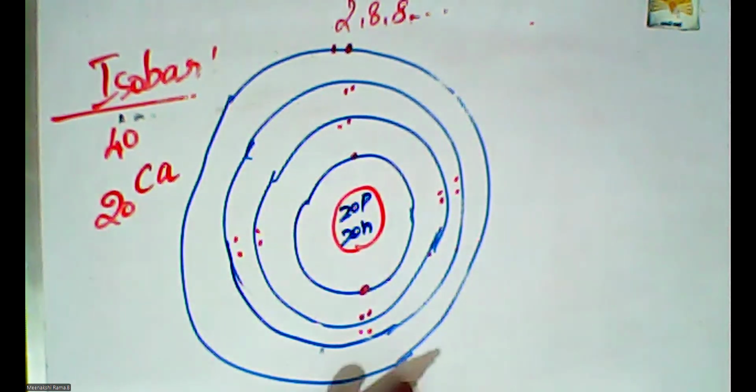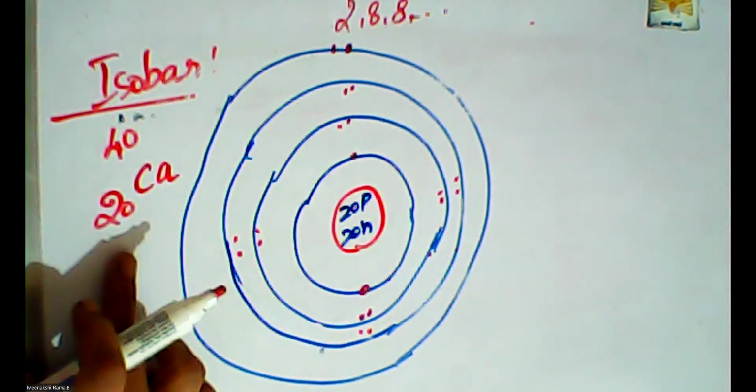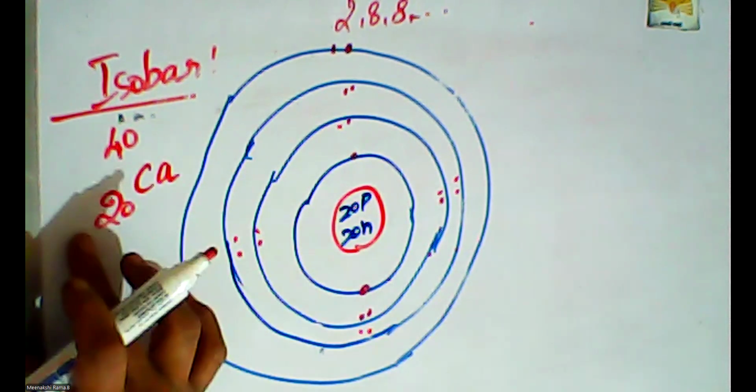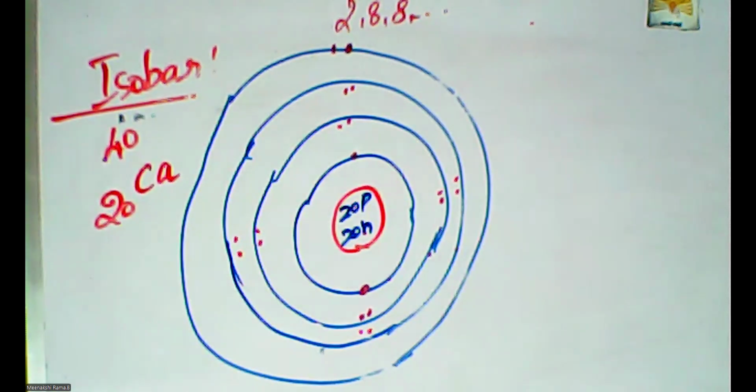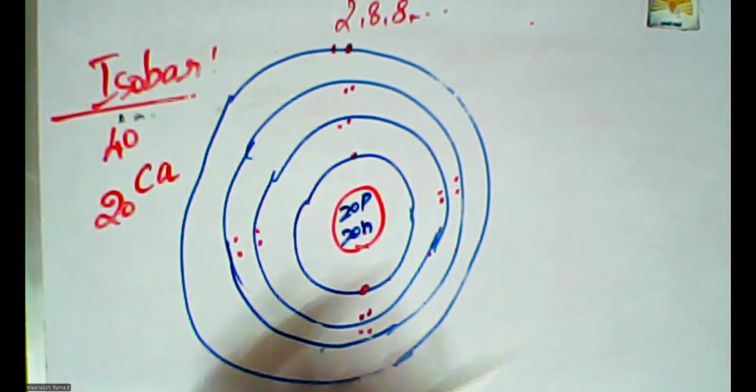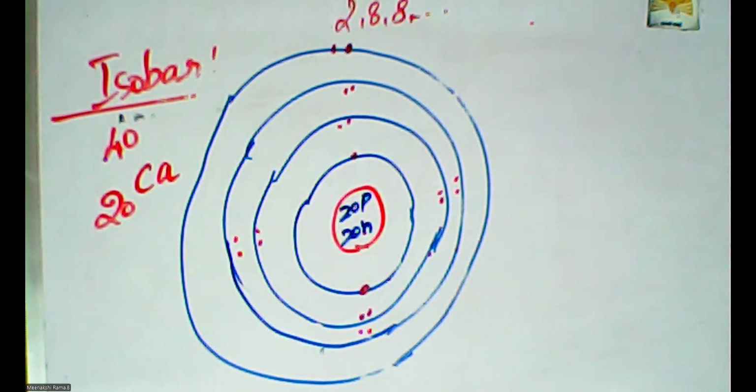So the total atomic number, that is the number of electrons, is 20. 20 plus 20 is 40, that is the mass number of calcium. So this is an example of isobar. They have different numbers of protons and electrons, but the mass numbers are equal in both argon and calcium. So they are called isobars: atoms of different elements with different atomic numbers but the same mass number.